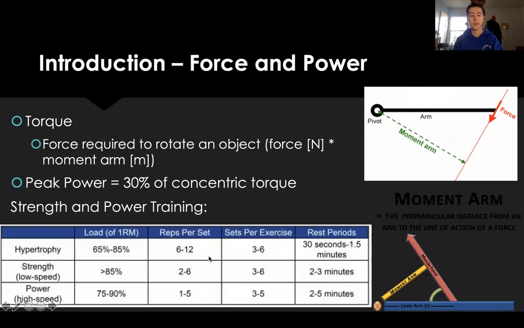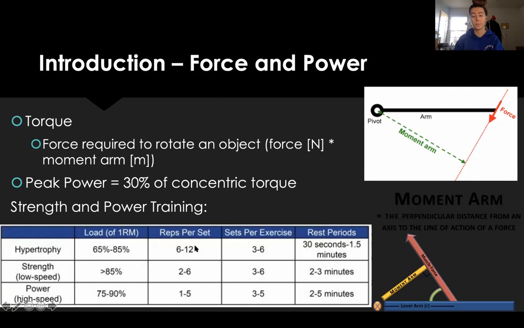And then this is kind of an example to let you guys see how the different types of resistance training are related. For hypertrophy, that's not going to be a whole lot of force production, but it's going to be a lot of load.